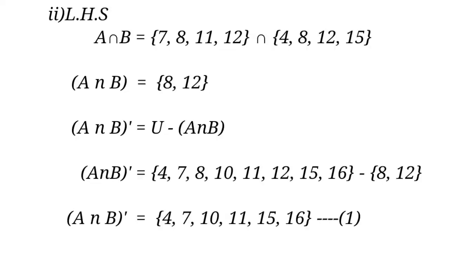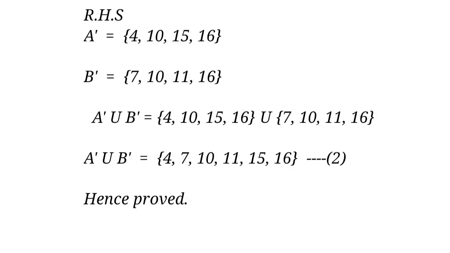Then (A intersection B)' = {4, 7, 10, 11, 15, 16}. Taking universal set except 8 and 12. Therefore, (A intersection B)' = {4, 7, 10, 11, 15, 16}. That is equation number 1.